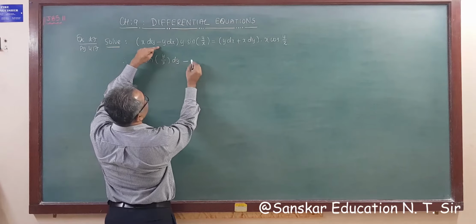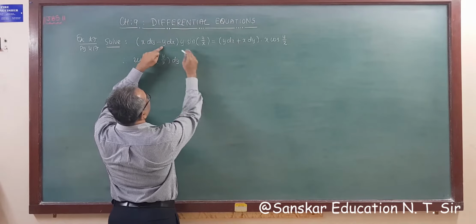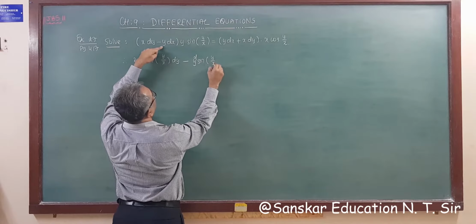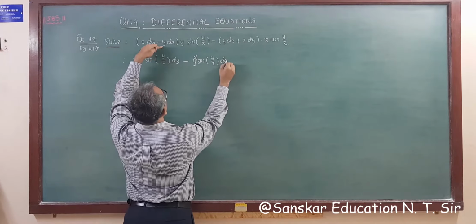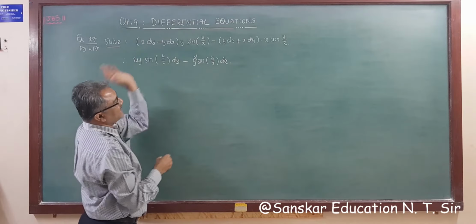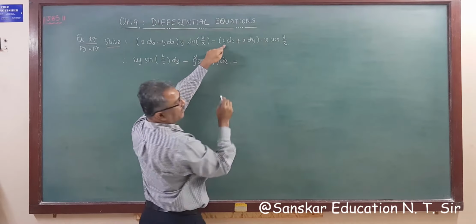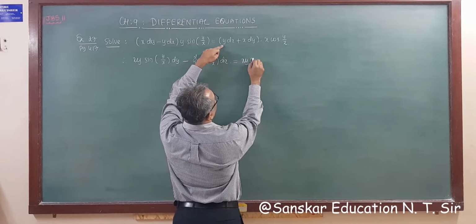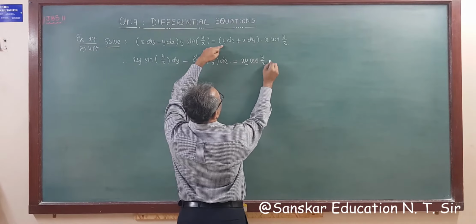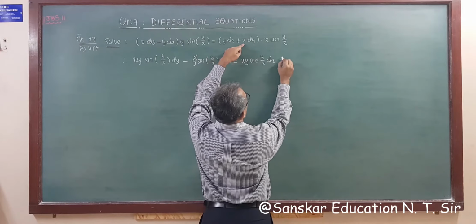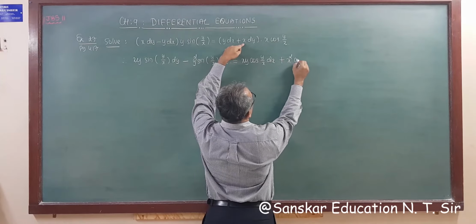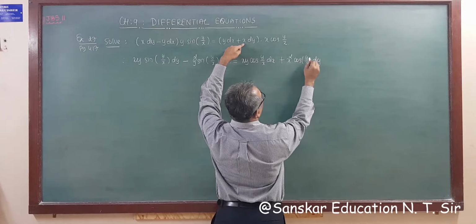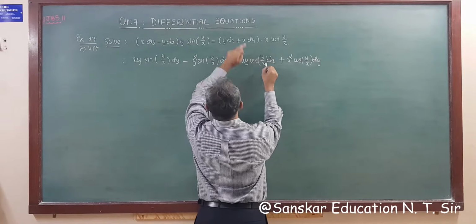So minus y into y, that is y square sin y by x into dx, is equal to, you have to multiply carefully, xy cos y by x dx plus x squared cos y by x dy. I am putting brackets.